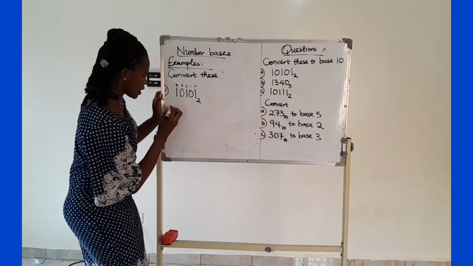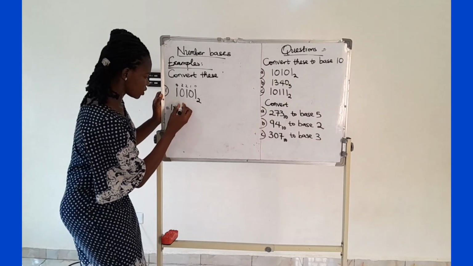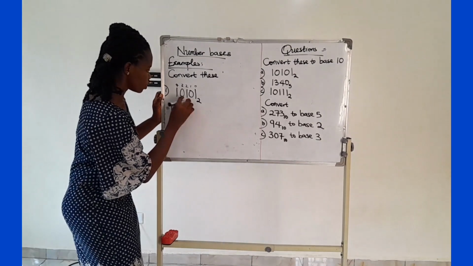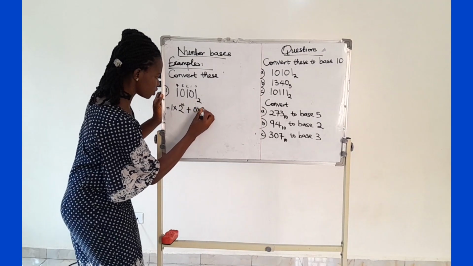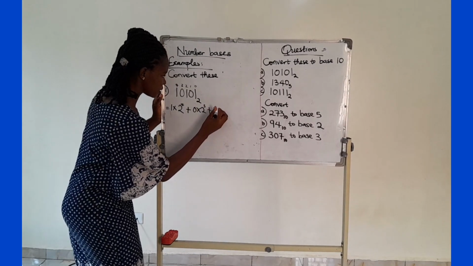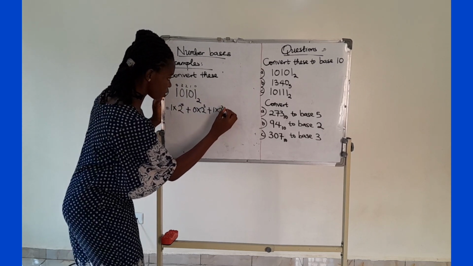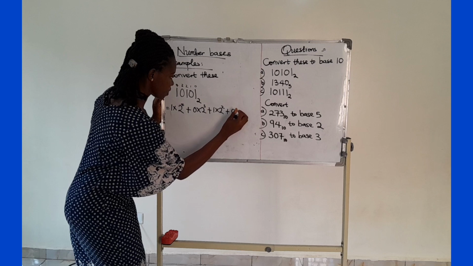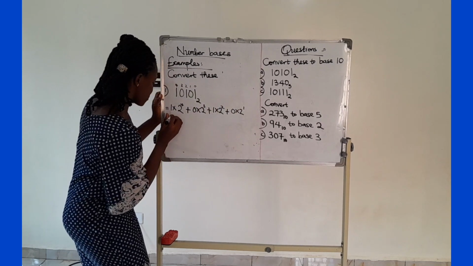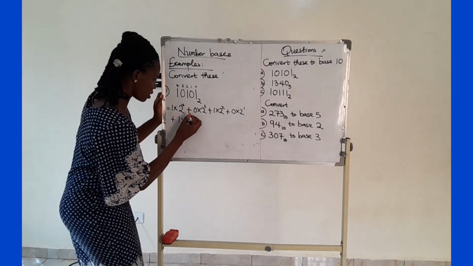Then I will start my expansion. My expansion will be 1 times 2 raised to the power 4, plus 0 times 2 raised to power 3, plus 1 times the base 2 raised to power 2, plus 0 times base 2 raised to power 1, plus 1 times 2 raised to power 0.